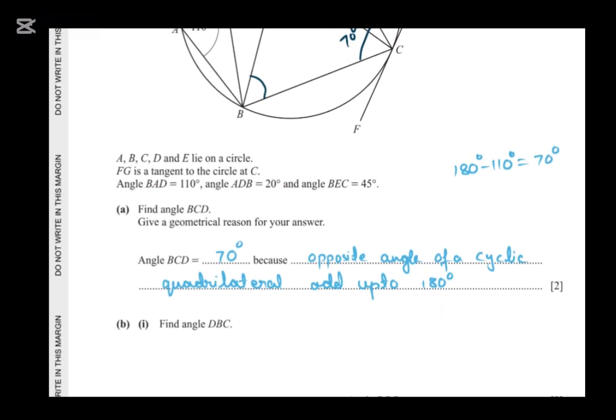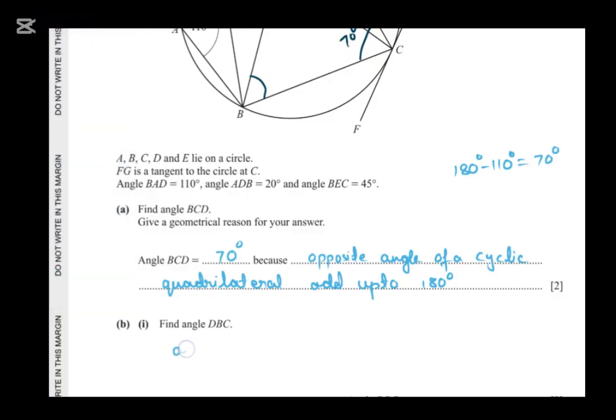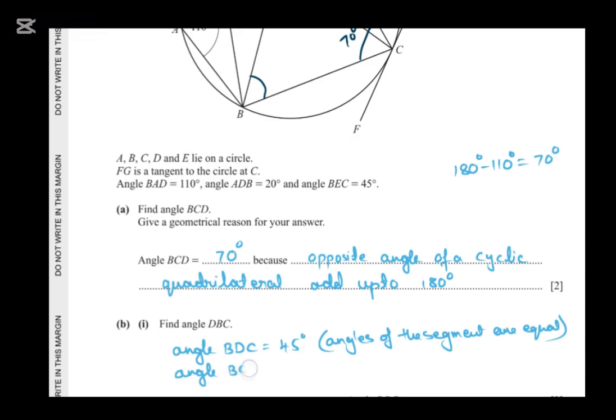So you will write here angle BDC is equal to 45 degrees, angles of the same segment are equal, then we know angle BCD is 70 degrees.